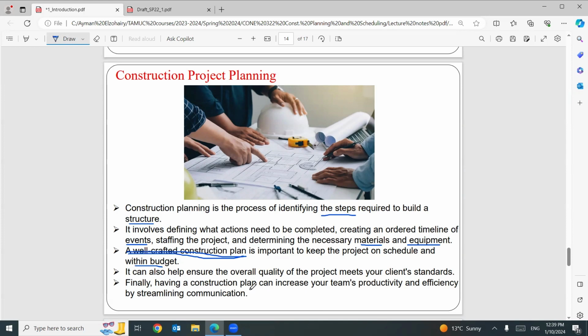Finally, having a construction plan can increase your team's productivity and efficiency by streamlining communication. Does that make sense? So we need management. We need planning in our construction projects.